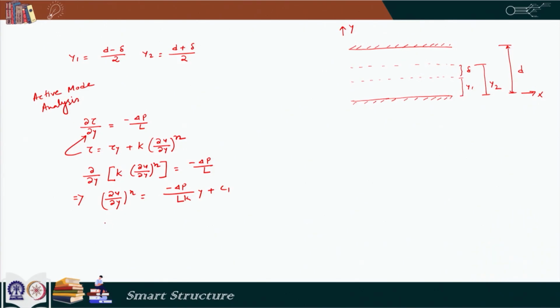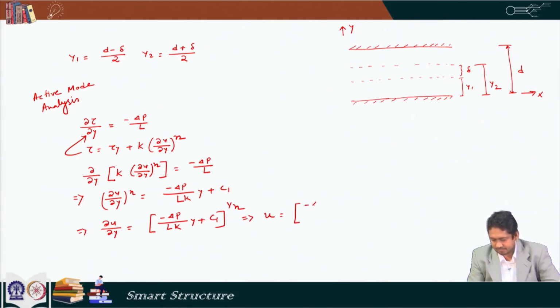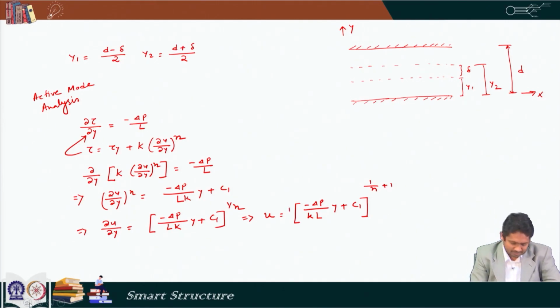And then that gives us minus del p by k L y plus C 1 to the power 1 by n, and then from here again after integrating we get minus del p by k L y plus C 1 to the power 1 by n plus 1, and this quantity also has to be divided by 1 by n plus 1.